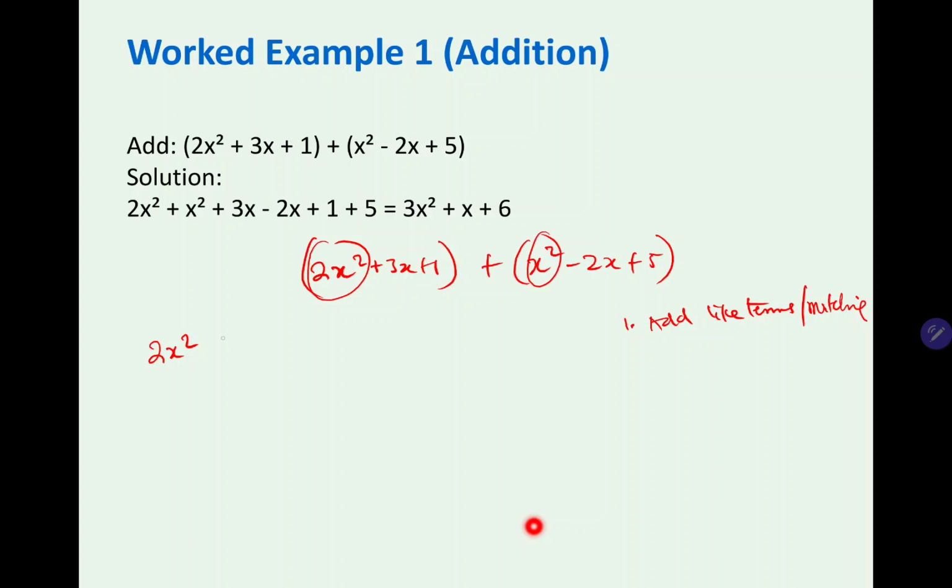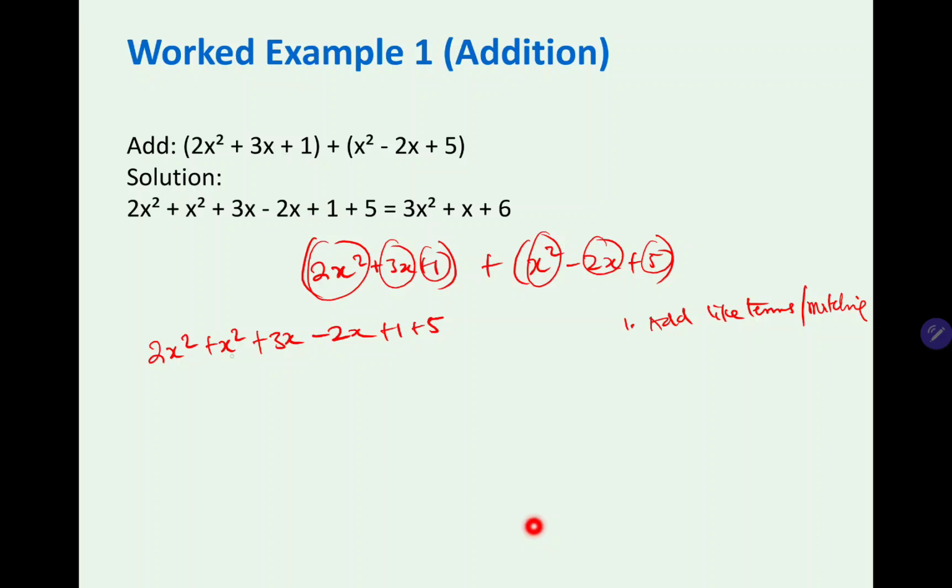2x squared plus x squared, they're like terms. Then the next thing is 3x minus 2x, and the next one is the constant, plus 1 plus 5.